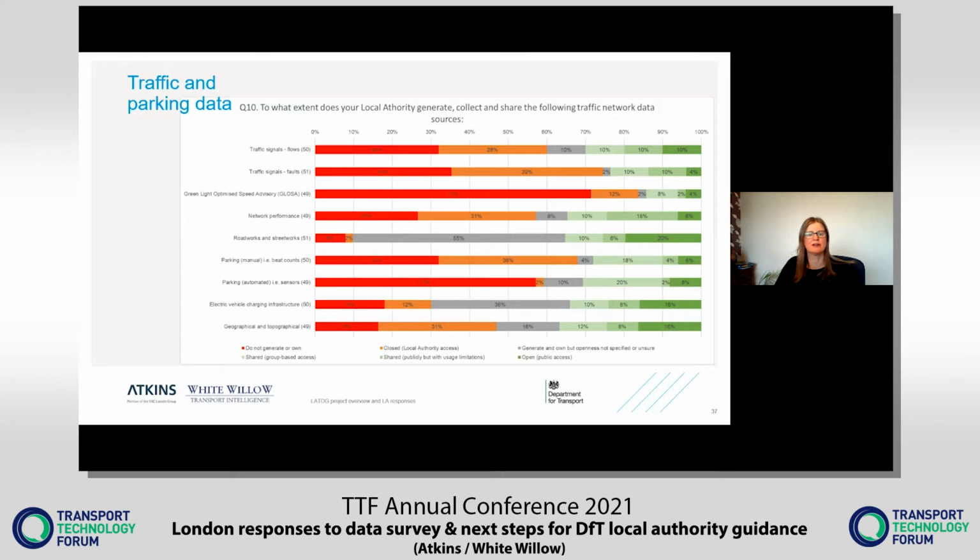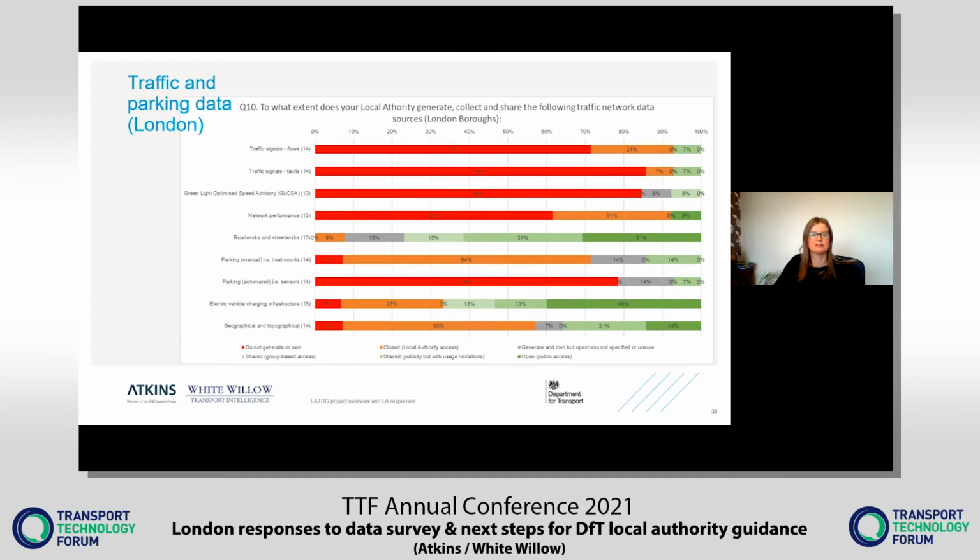You can see that roadworks data is the most commonly shared, followed by electric vehicle charging locations and geographical data, and then network performance, such as journey times and flows. The next slide shows the results for the London boroughs.